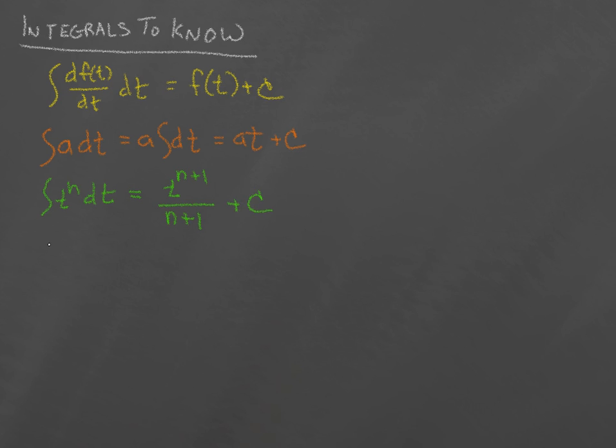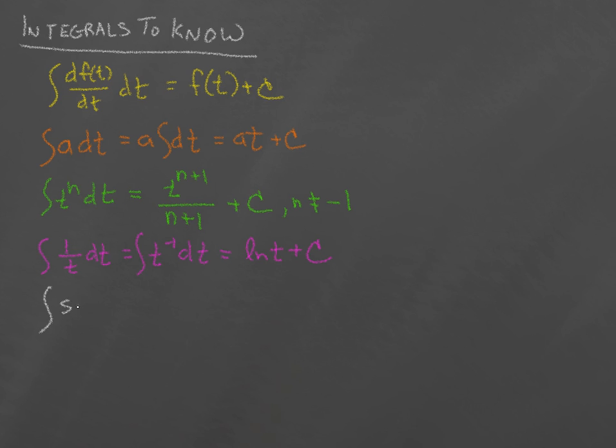And this is for n not equal to minus 1, because in the case where we have 1 over t dt, or t to the minus 1 dt, that's equal to the natural log of t plus c. So remember that. If you ever have a function where you have 1 over t, that's the only case where this power law rule doesn't work.